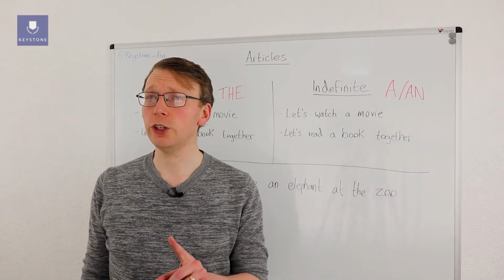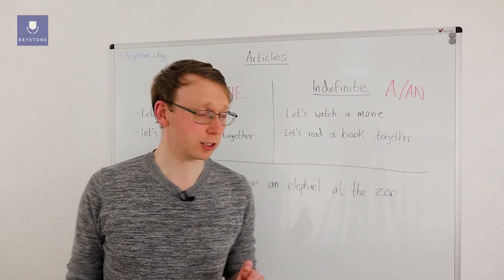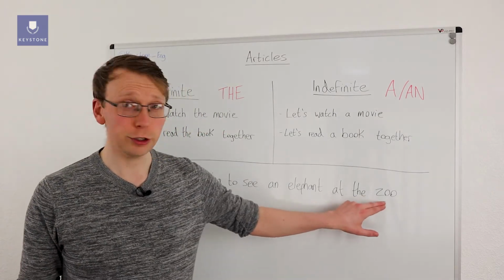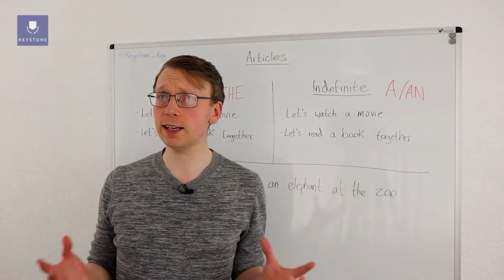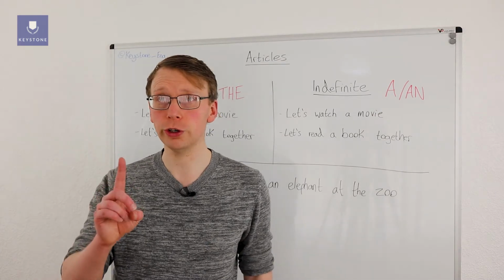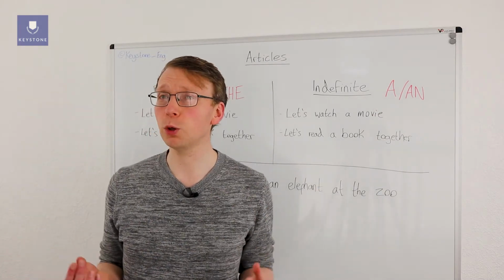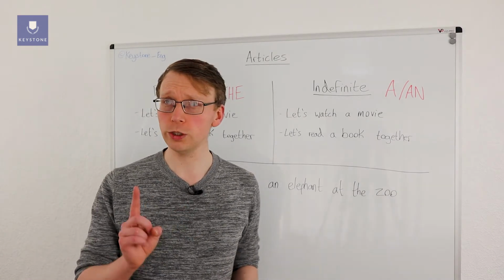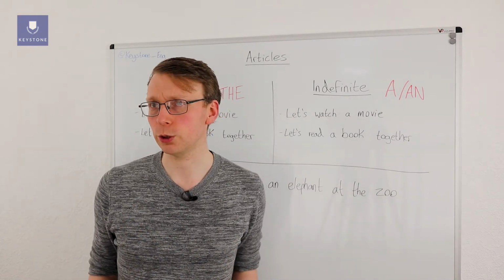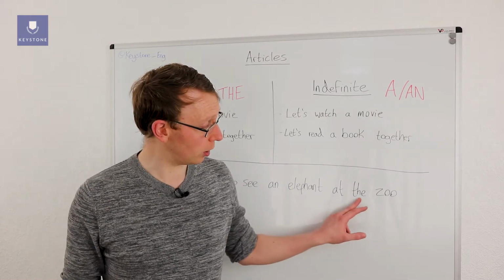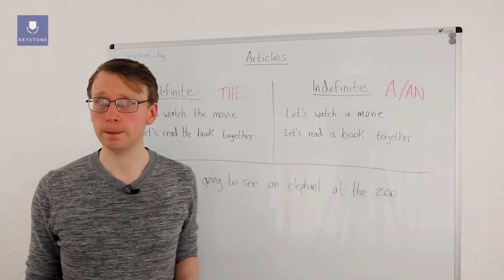I did, however, use the definite article for the zoo, because usually in a city there would only be one zoo. So while there are many zoos in the country, I am most likely talking about the one zoo that is closest to us. I am going to the zoo.